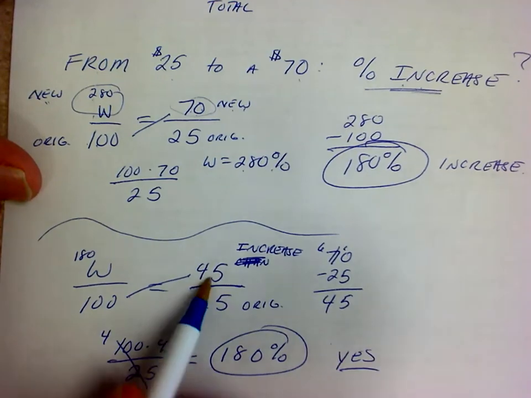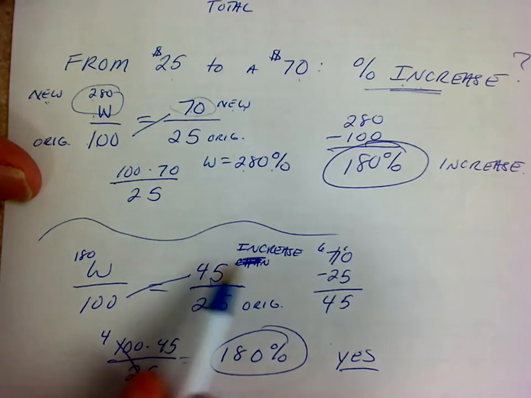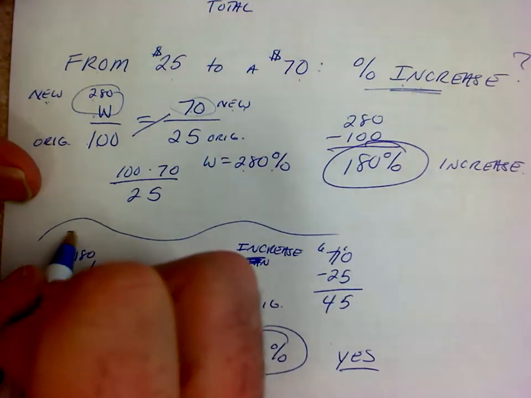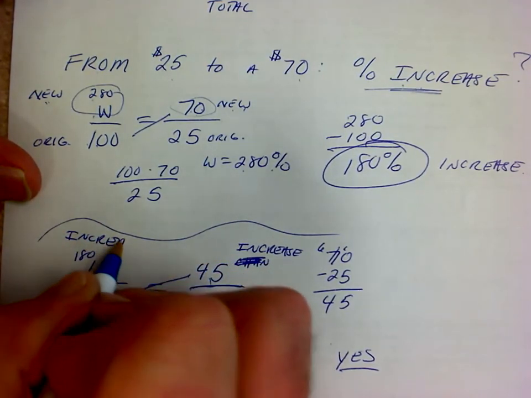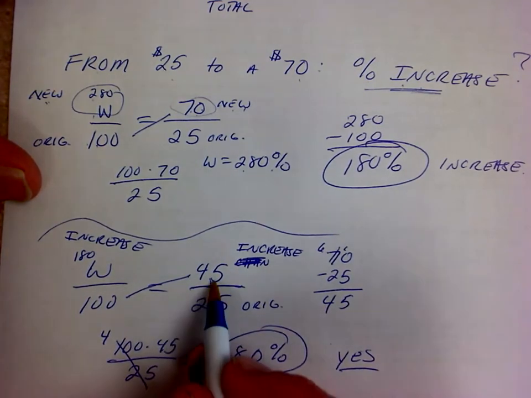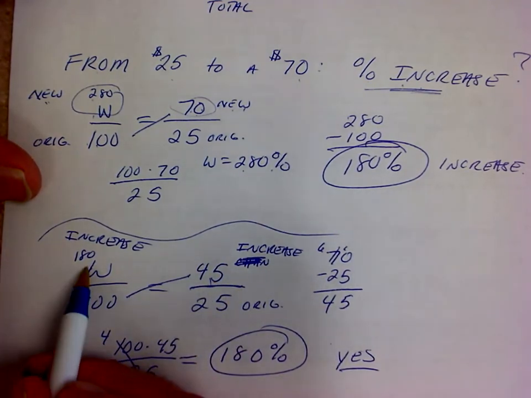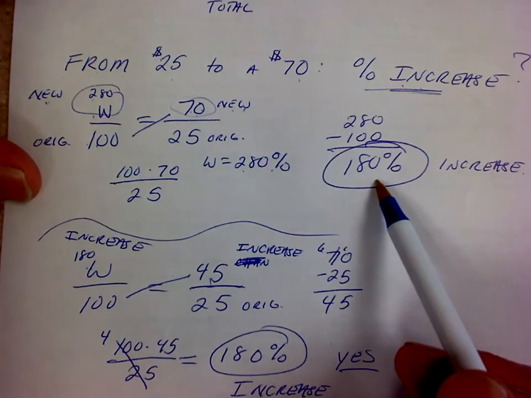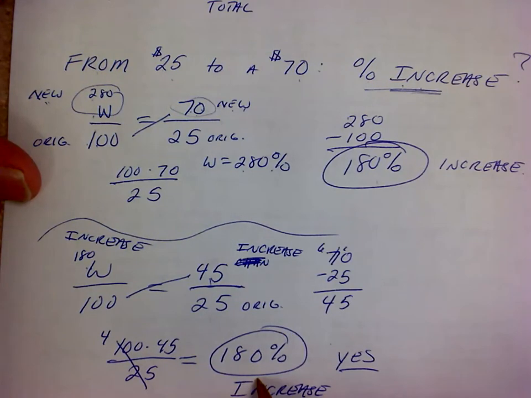Okay, because we changed this value to represent an increase, so that means whatever we get over here represents an increase. Okay, so it's a $45 increase, or that's an increase of 180%. So that's how we could label that. And notice exactly what we came up with up here, a 180% increase.